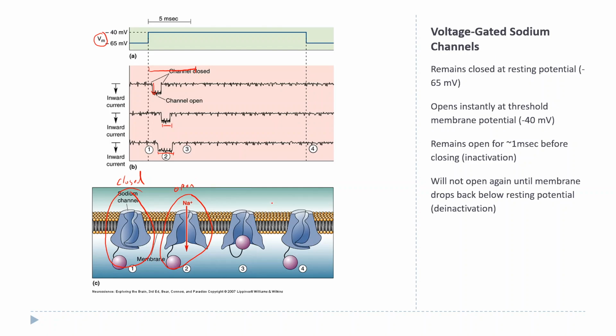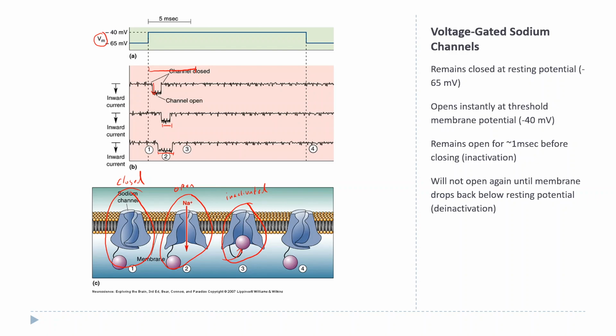And then about a millisecond after opening, another voltage-gated, or electrically voltage-sensitive, part of the protein swings into place. This little purple tail swings into the pore. Even though the membrane is still negative, it swings in there, and that blocks the channel. And so we call this state inactivated. So after about a millisecond of being open, the channel becomes inactivated.